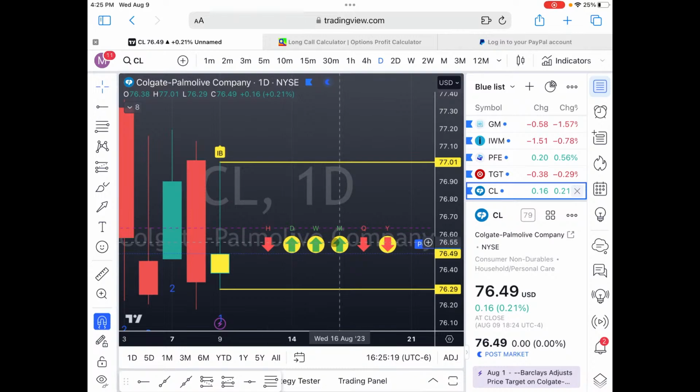So these are all things that we have to take into account before we jump into a trade. And you have to make the decision as a trader, is it something that you want to go into, or is it something that you don't want to go into? Everybody's going to have a little bit different set of rules. For me, I need these 2, the hourly and the daily. That's my indicator on the time frame continuity scale of what I need in order for me to jump into a trade.